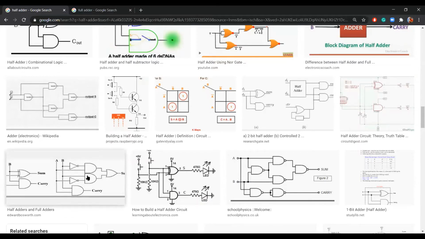So there might be several ways. What if they give you a circuit that has a different shape that you cannot recognize? You will always be able to recognize the circuit by having a look at the inputs and outputs. If the outputs are carry and sum, then if the inputs are 2, it is a half adder, and if the inputs are 3, then it is a full adder.